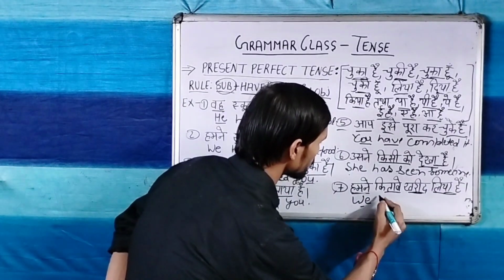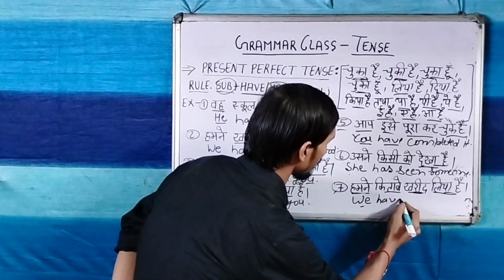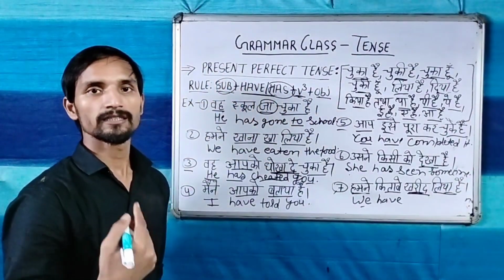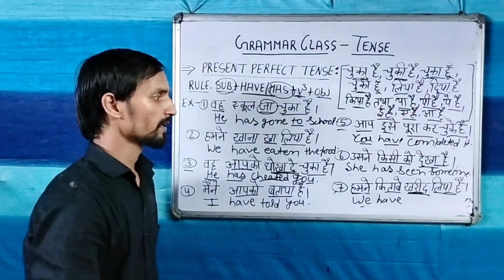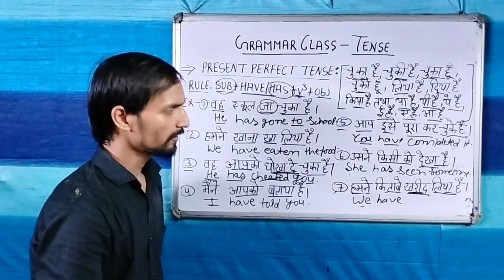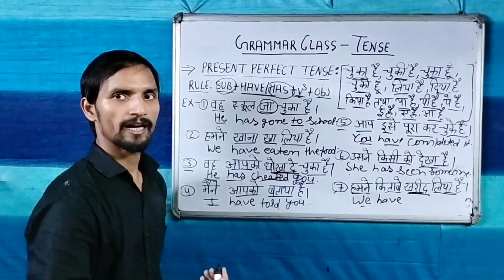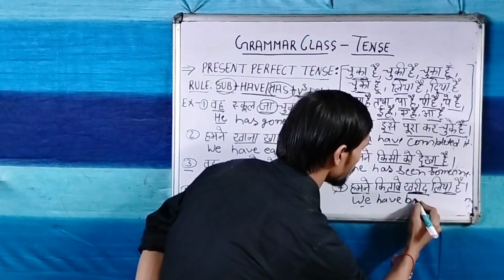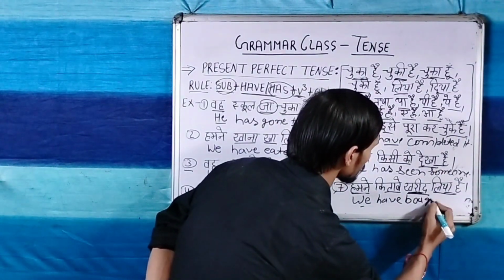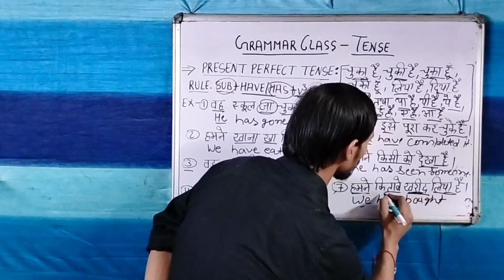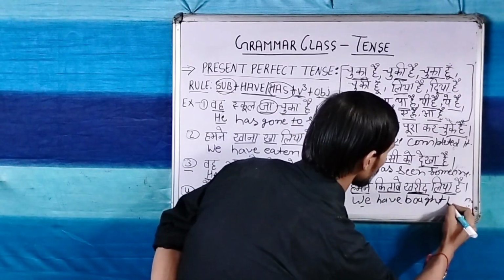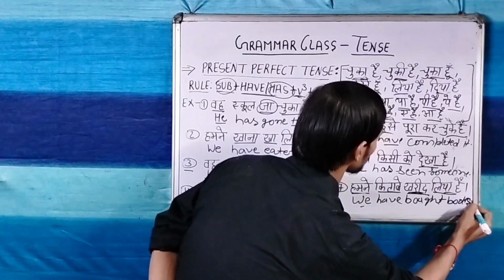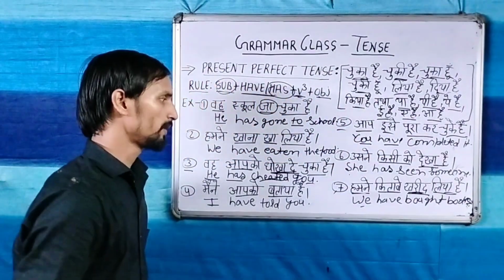Subject we, with we use have, and verb is खरीदना. खरीदना means purchase and also buy. So let's take which verb? We are going to take buy verb. And what is the third form of buy? That is bought. So we have bought, and object is books.